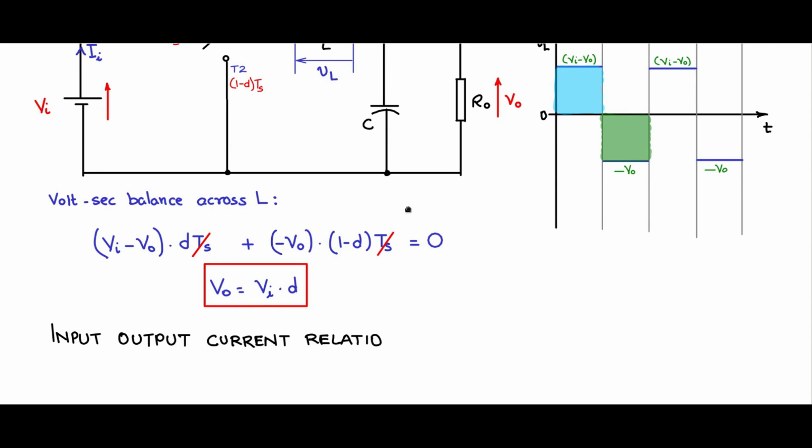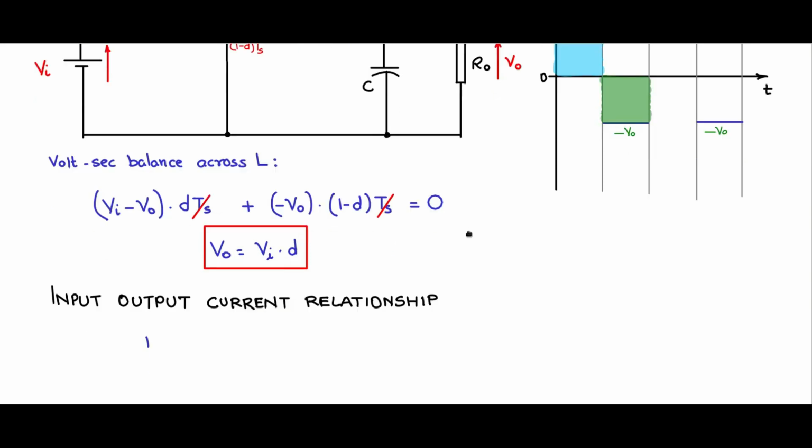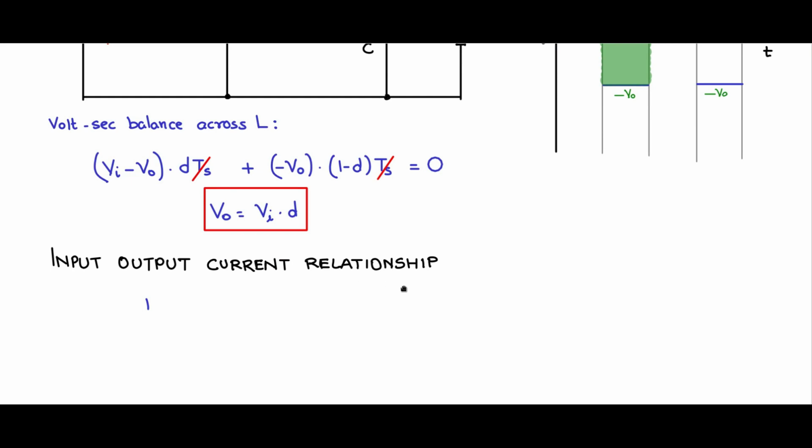To find the input-output current relationship, I will make use of the fact that the efficiency of the circuit is 100%, meaning there is no lossy component within. So Pi is Vi into I, and P0 is V0 into I0, and I am assuming efficiency is 100%, no loss within.